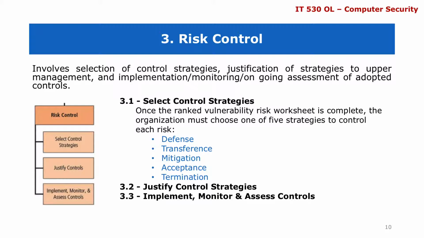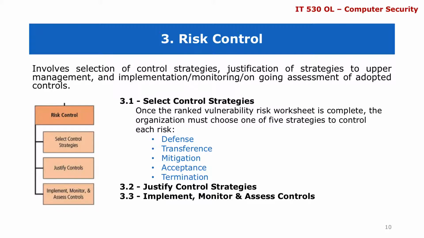Next, we have the risk control, which involves selection of control strategies. That is, either we defend, transfer, mitigate, accept, or terminate the risk. And it involves justification of strategies to upper management and implementation, monitoring, and ongoing assessment of adopted controls.